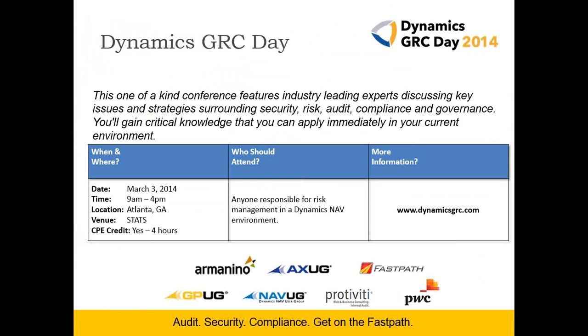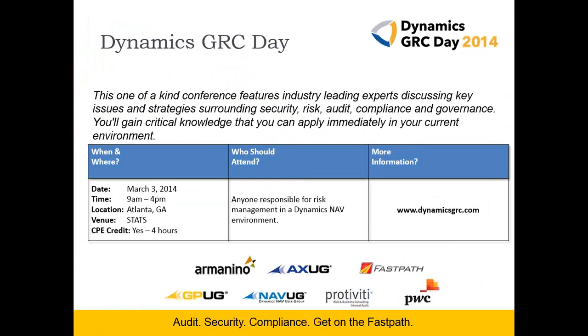We're very excited to be presenting along with Armanino, Protiviti, PwC, and also the Dynamics communities are sponsoring as well. And really what we're going to talk about is how do you set up a risk management framework at your organization. So understanding where your key risks are, building business processes around that, and then how do you audit Dynamics inside of that framework.